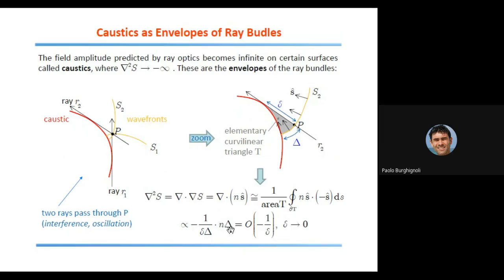So you have that capital delta gets cancelled, and in the end, this Laplacian of the Eikonal is a function that goes as 1 over small delta, which is the distance between the point P and the point where the ray touches the caustic. So if you now let small delta go to 0 because the point P along the ray approaches the caustic, you discover that this Laplacian goes to minus infinity.